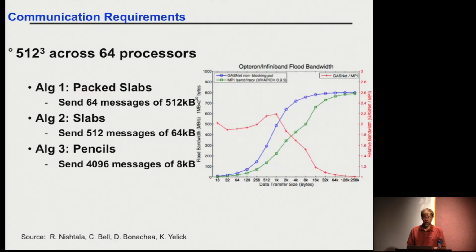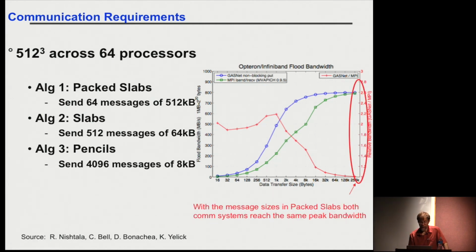Okay, so let me now give you an illustration of just the communication costs. This is not the whole algorithm, but it's the same size problem, 512 cubed on 64 processors, and I'm just going to measure the communication costs, on a particular platform.